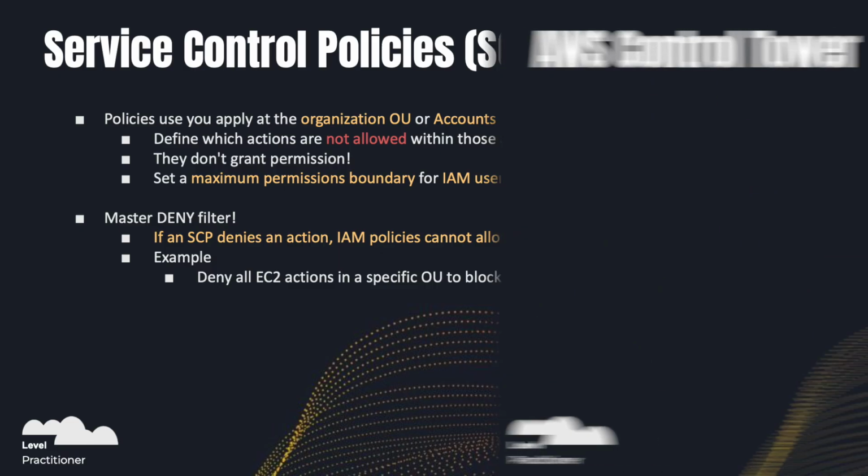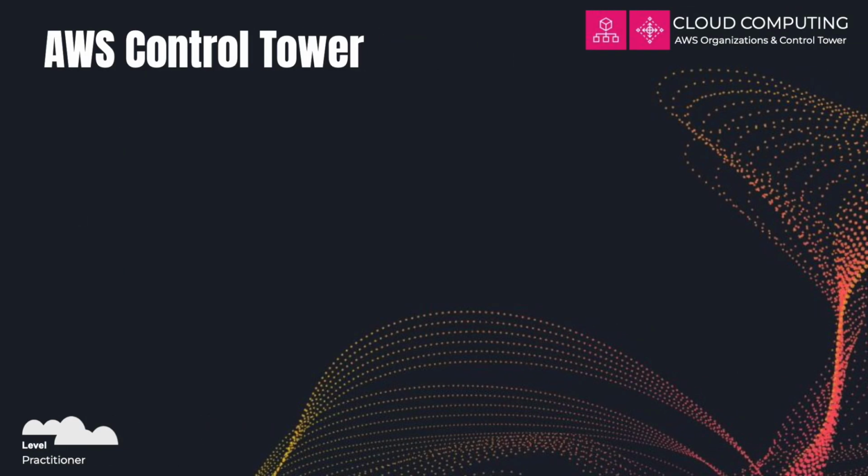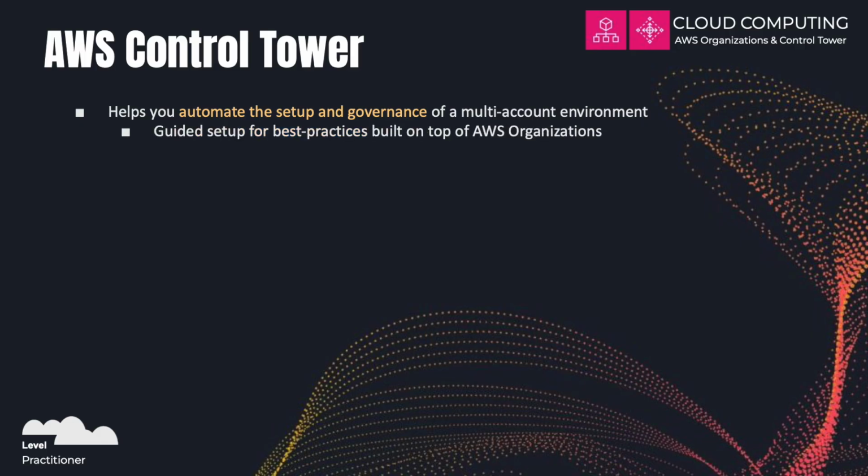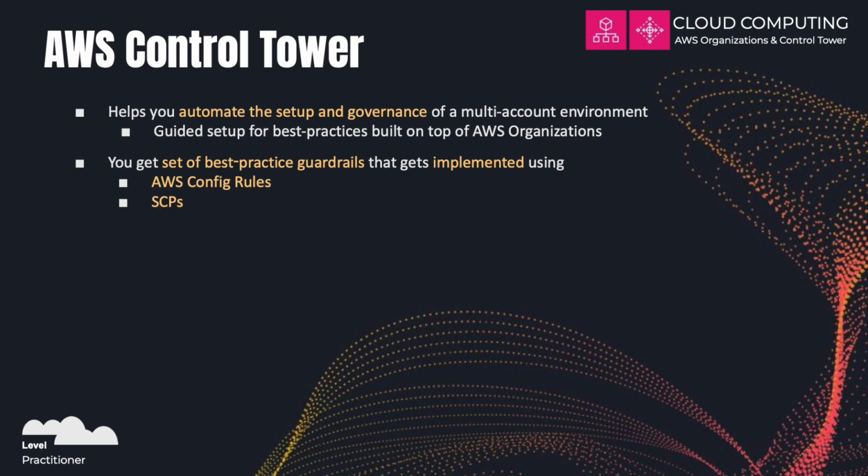Now, here comes the next service, AWS Control Tower. AWS Control Tower helps you automate the setup and governance of a multi-account environment. You can think of it as a guided setup for best practices built on top of AWS Organizations. With Control Tower, you get a set of best practice guardrails implemented using services like AWS Config rules and SCPs.